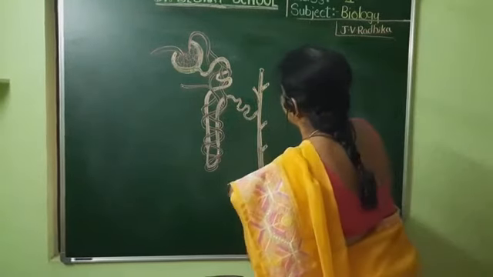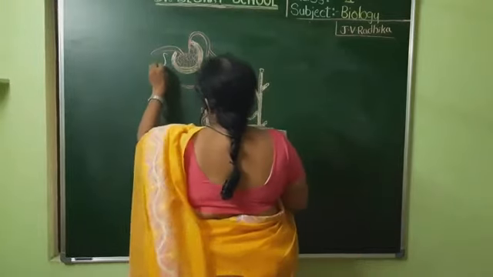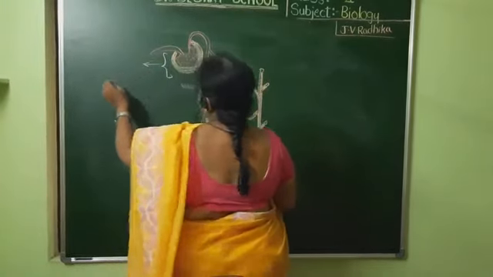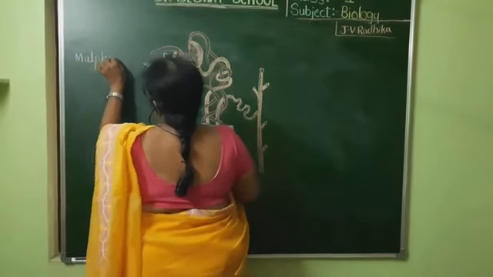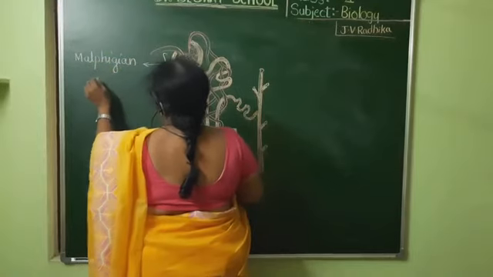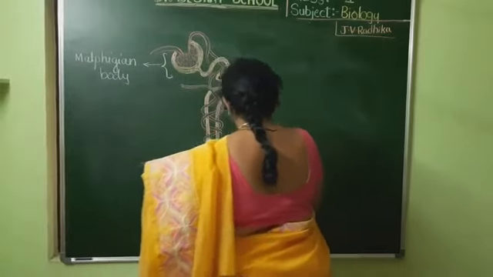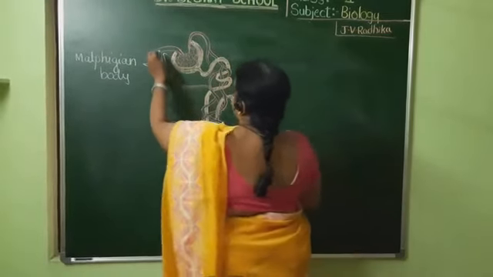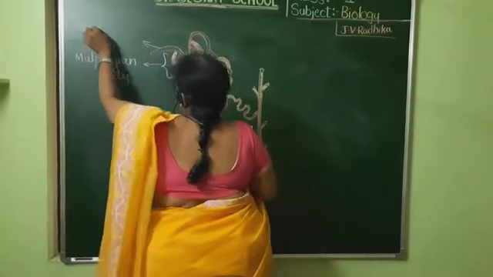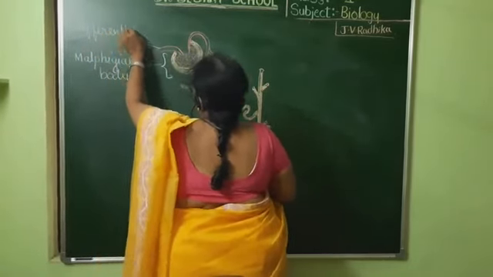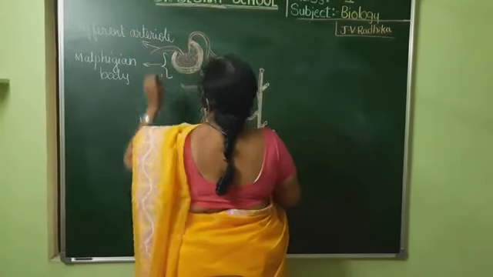Now this is a typical nephron. I shall label the parts. So this whole thing together is called the Malpighian body. Now this is called the afferent arteriole, a branch of the afferent arteriole.